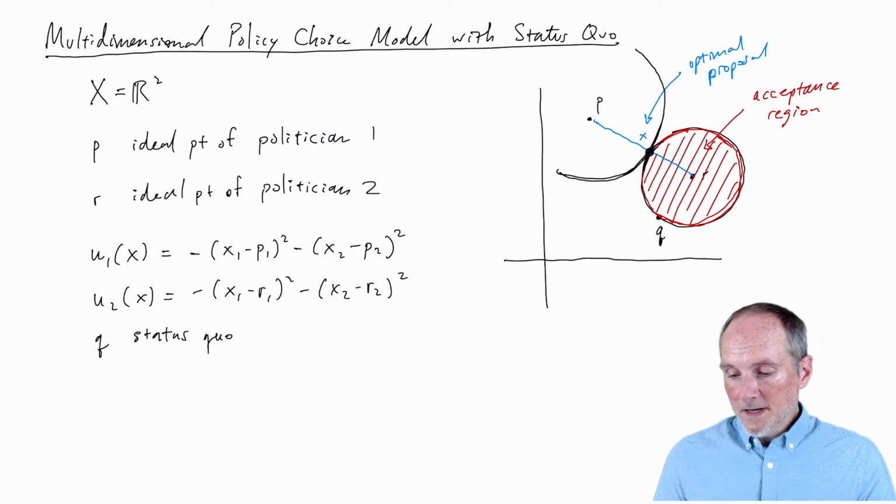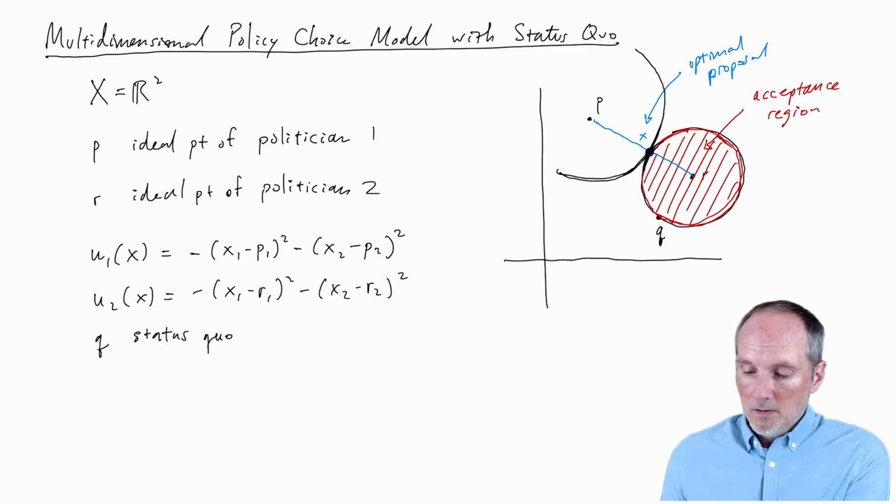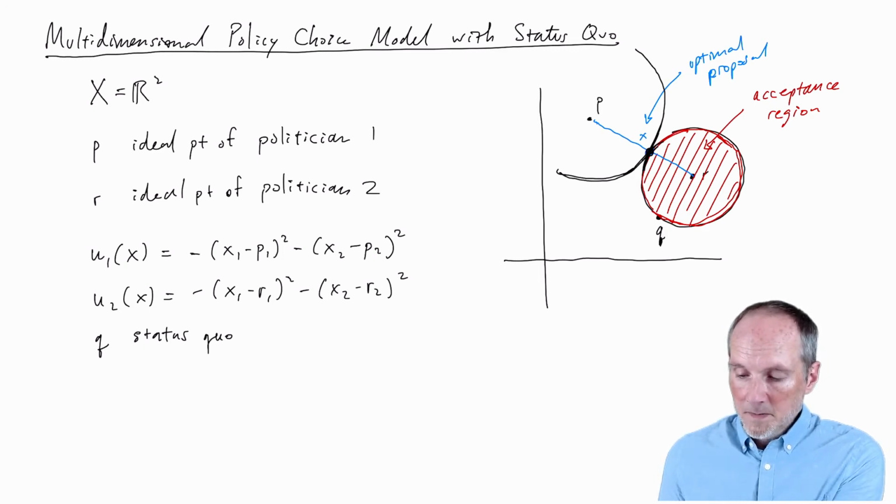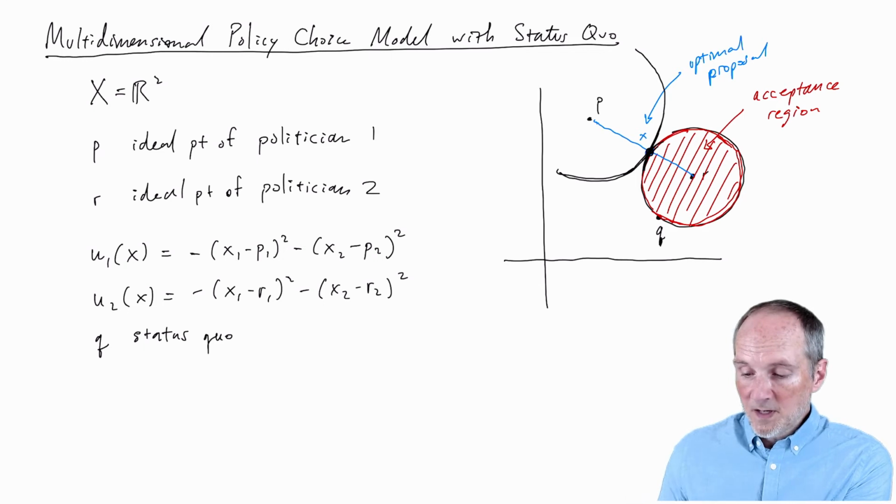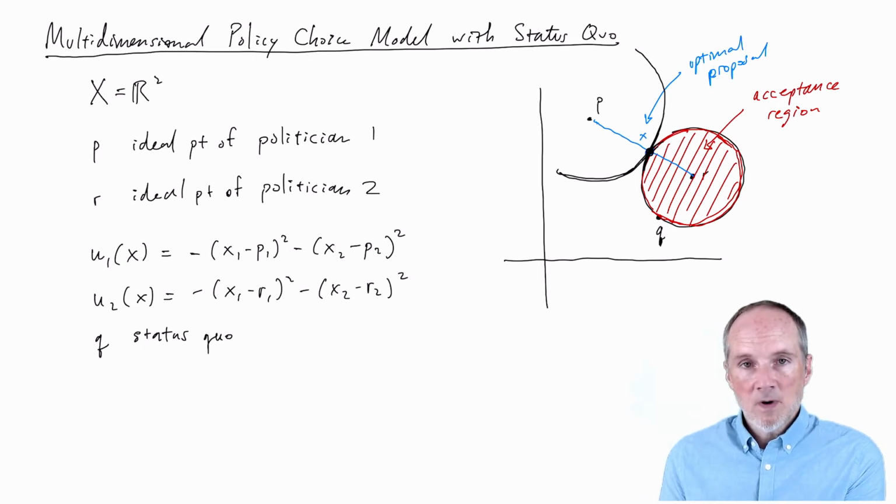X is on this line, and we know that line consists of all the Pareto optimal alternatives. So the optimal proposal for politician 1, which is then approved by politician 2, is Pareto optimal.